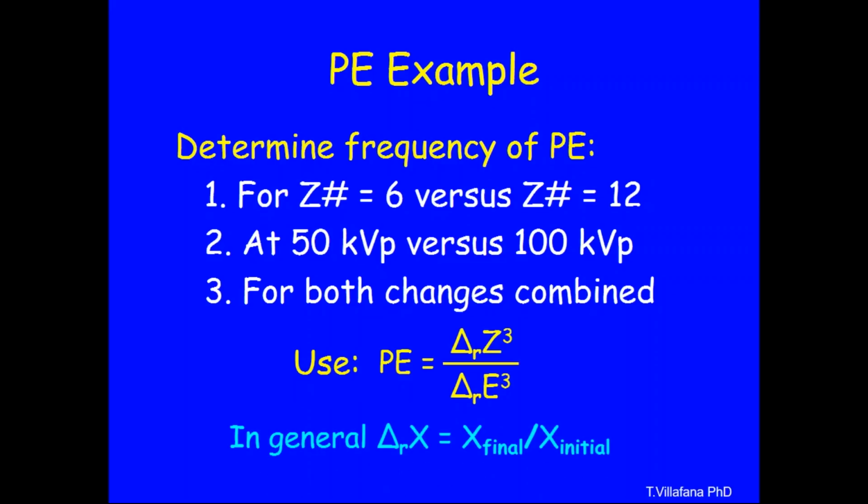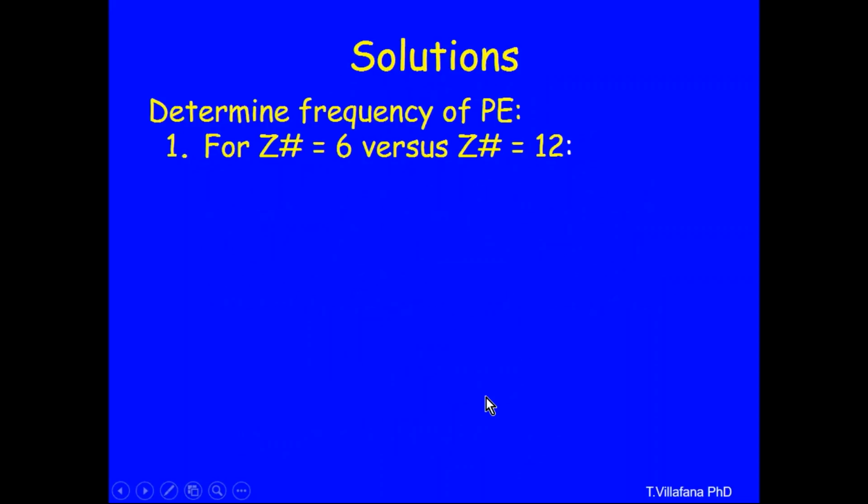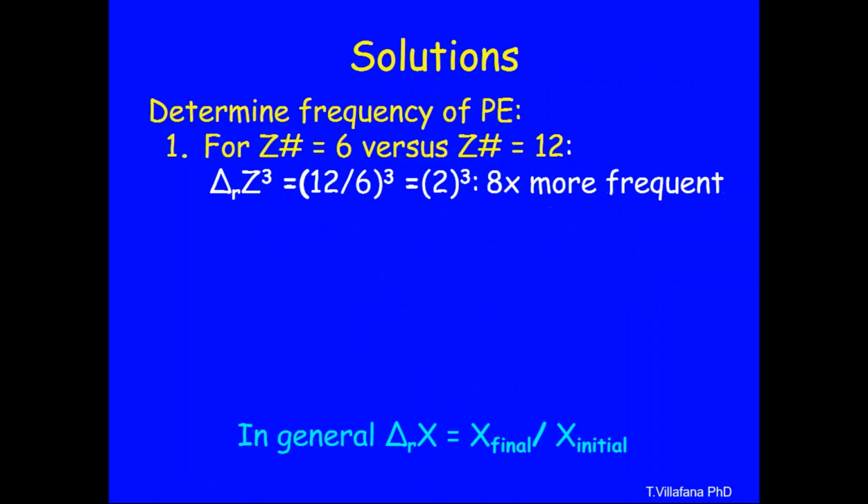Well, let's do it. In general, what we mean by that delta with that little r is a ratio difference, so that you would get the final divided by the initial, whether it's the Z parameter or the E parameter. So let's do it. Determine the frequency of photoelectric if you compare 6 versus 12. It's 12 over 6 cubed, which is 2 cubed, 8 times more difference.